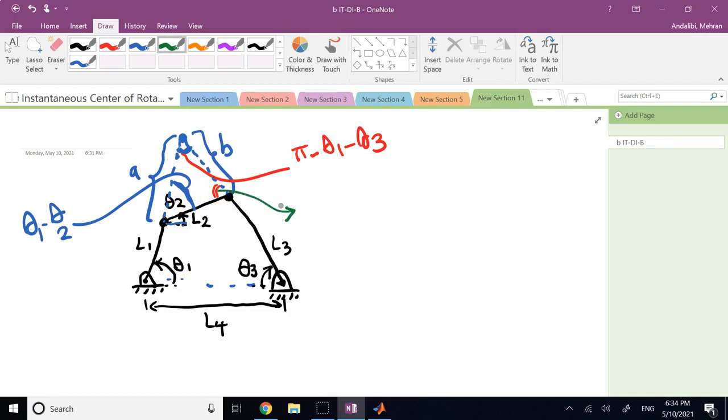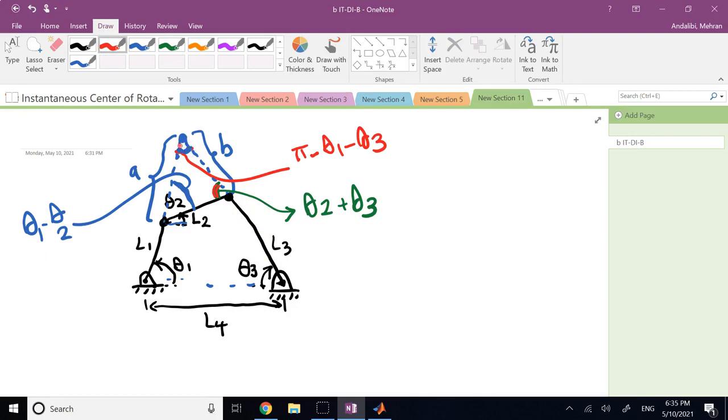So if I add them together, how much is that angle? Clearly, I have to subtract pi minus the summation of these two. So it is going to be theta 1 plus 3 minus theta 1 plus 2. So there's going to be theta 3 plus theta 2. Correct? Now, if you add them together, the theta 1s cancel, theta 3s cancel, theta 2 pi. Yes. So now here I have all of these angles.